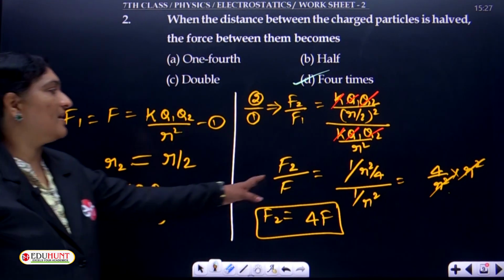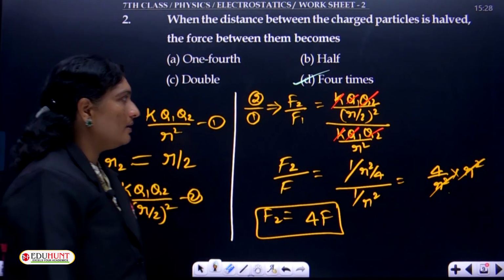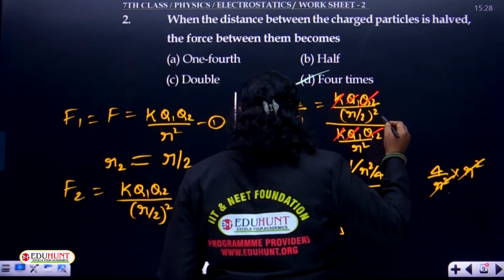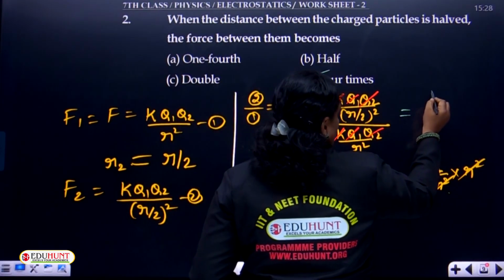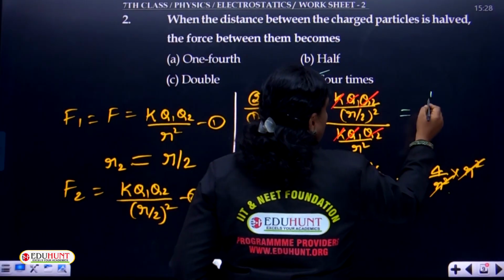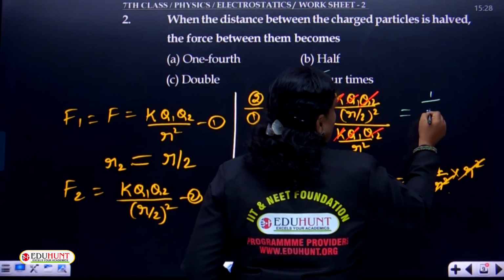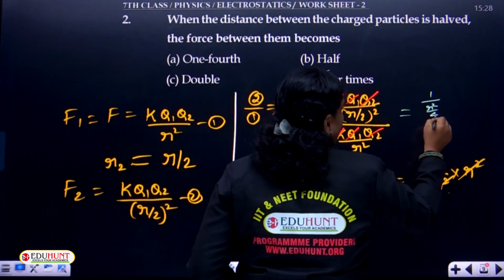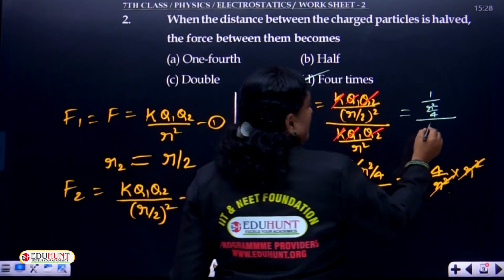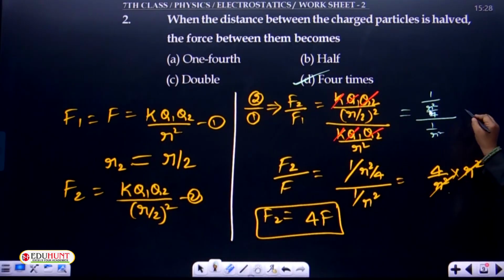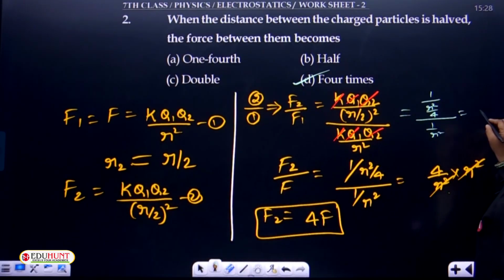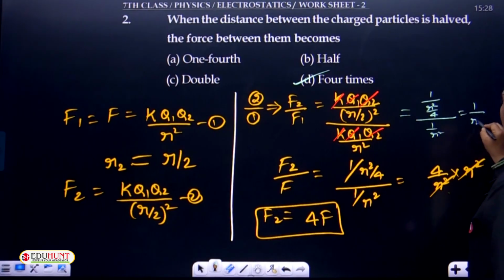I hope the simplification is clear, children. If you want to understand clearly, I'll simplify here. 1 upon (R by 2) whole square is R square by 4 in the denominator, whole divided by 1 by R square. This can also be written as 1 by R square by 4 divided by 1 by R square.